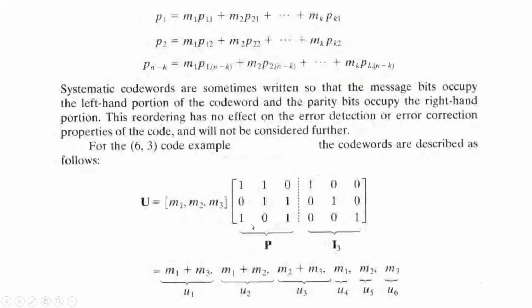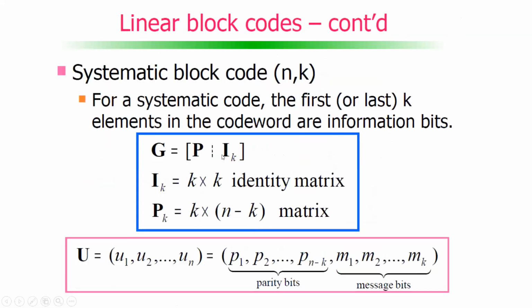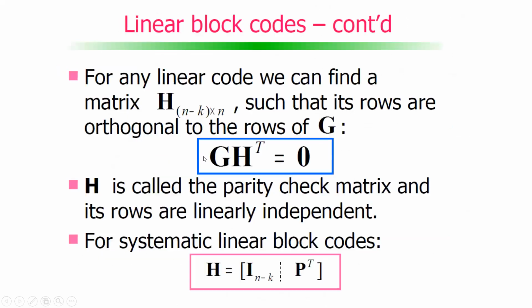You must see how to write the generating matrix. The line there just indicates the separation between the parity part and the identity matrix. This is how G is written, but how is H written? H is written as I of n minus k, P transpose.